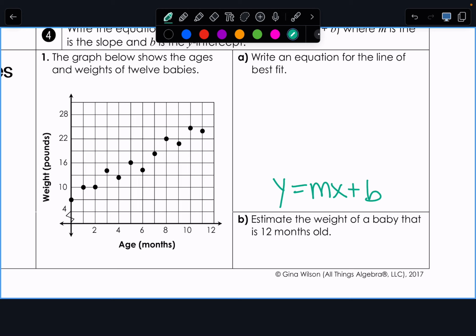I want you to use the y-intercept. Do you see this y-intercept right here? I'm going to use it. And I'm going to draw a line. And what I'm going to do is I want to connect it to another dot.